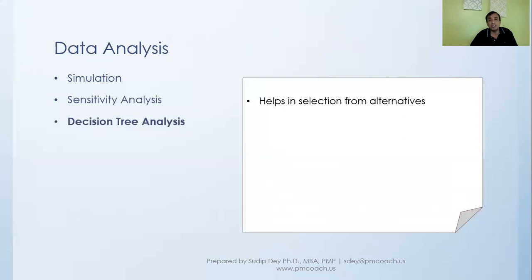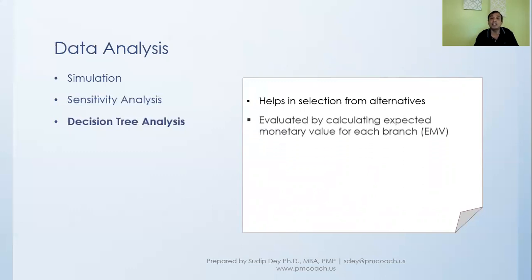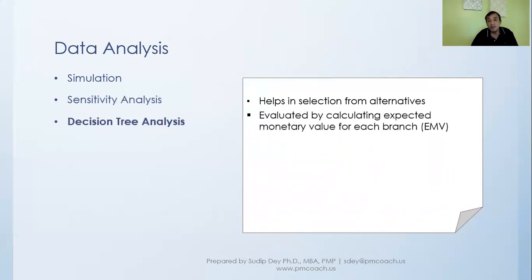We have different alternatives, with different pluses and minuses, and each has its own probability, how much chance it has to happen. We take that into calculation to determine the right option. It is evaluated by calculating expected monetary value for each branch. We'll talk about that a little while from now. The calculation is based on mathematical expectation, which says multiply probability by the impact, and you get the expected impact.